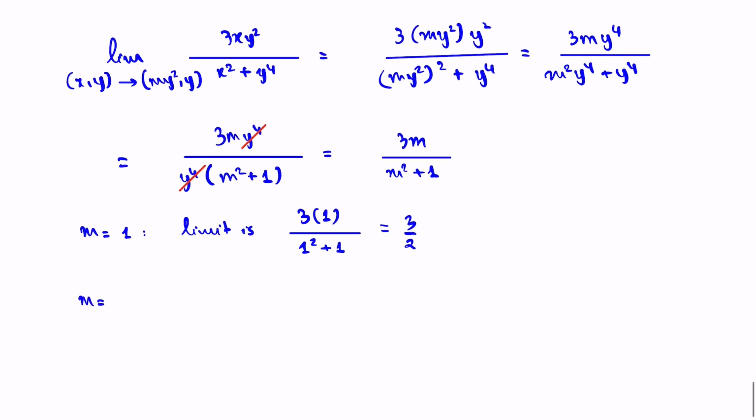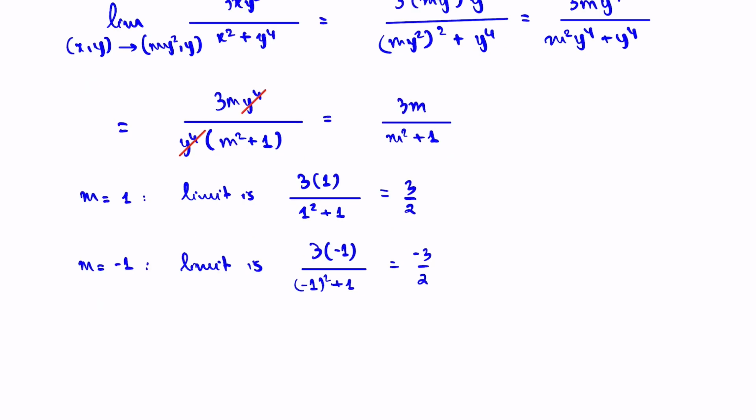Now for another path, when m is equal to -1, the limit is 3 times -1 divided by (-1) squared plus 1, which is -3/2. So you calculate the limit along two different paths and you have two different answers. From here, you can conclude that the limit does not exist.